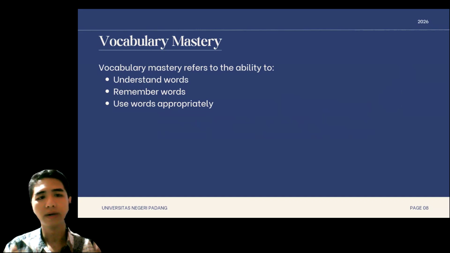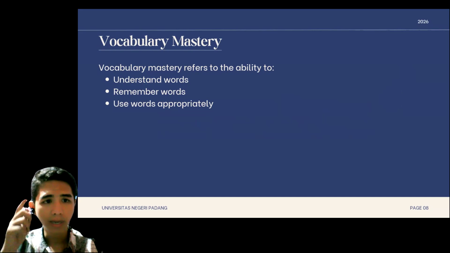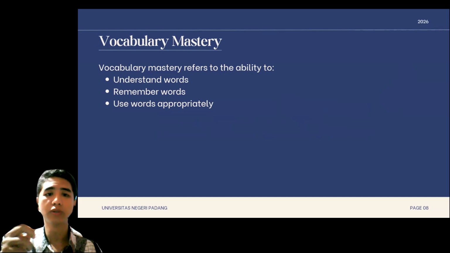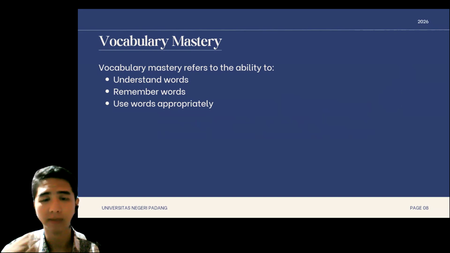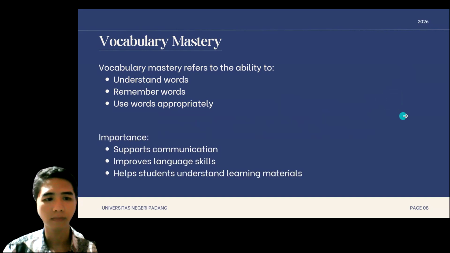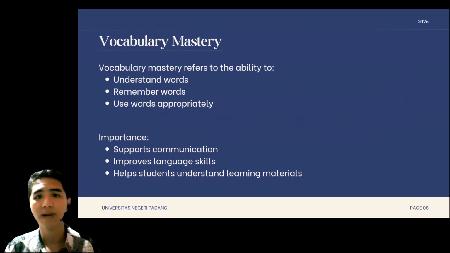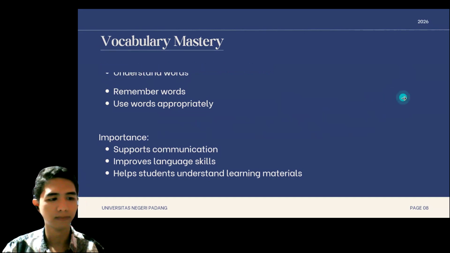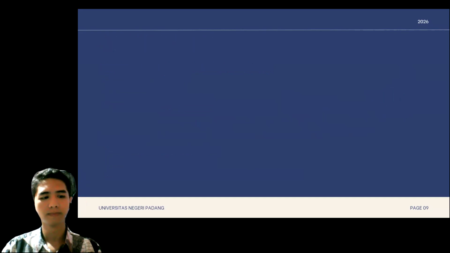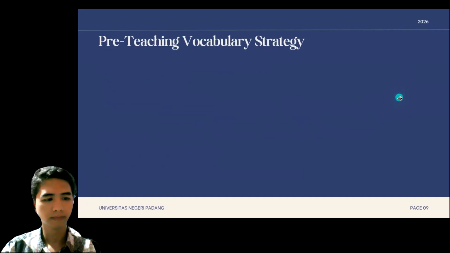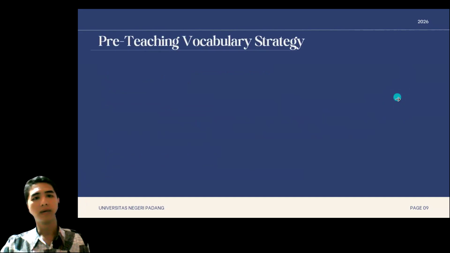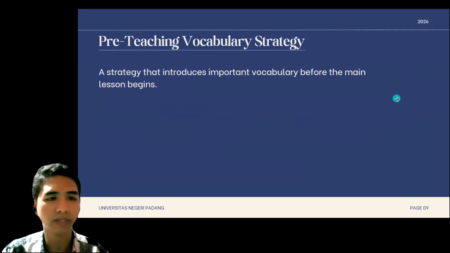Vocabulary mastery refers to the ability to understand words, remember words, and use words appropriately. This is important: it supports communication, improves language skills, and helps students understand learning material. Then the pre-teaching vocabulary strategy.